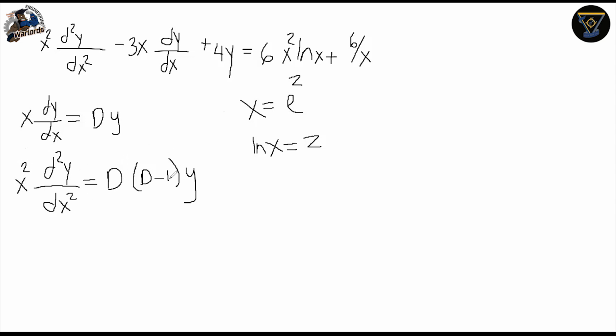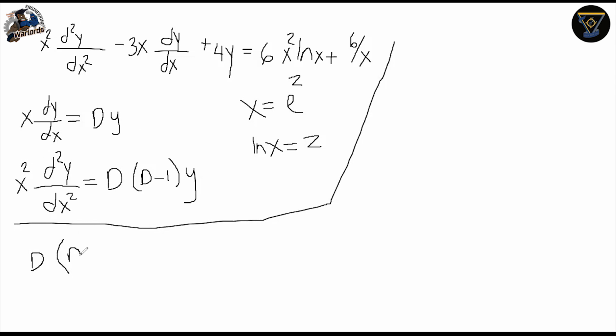So these are the formulas you need to write down. So memorize them. Now we can use the equation. We say that x squared d squared y by dx squared is D, open bracket, D minus 1, then we have minus 3, and x dy by dx is Dy, so we have a D. You guys realize that I'm not putting in the y, right?